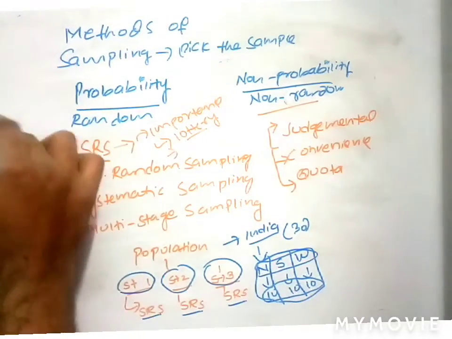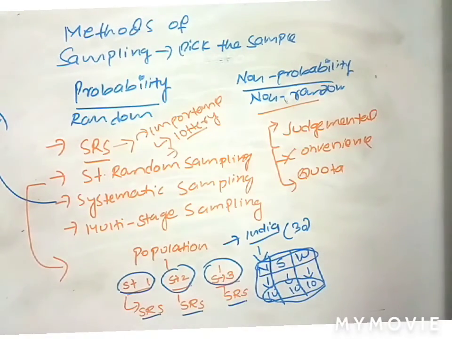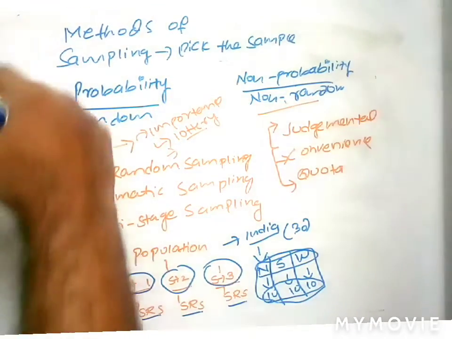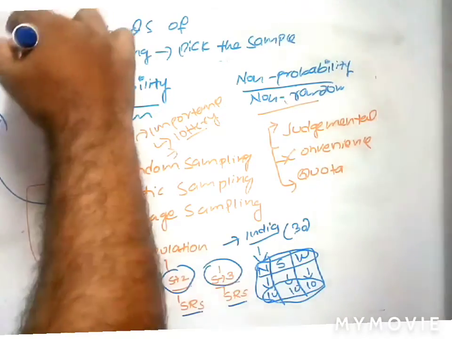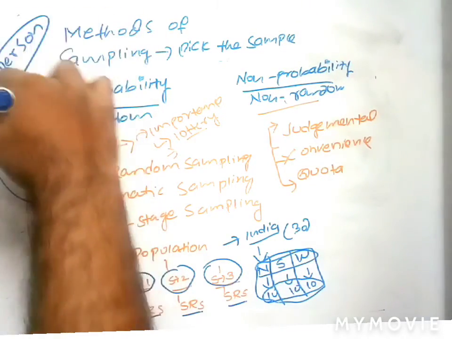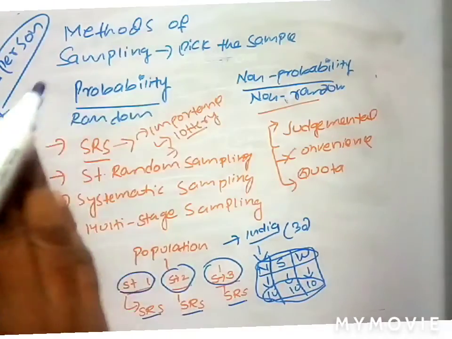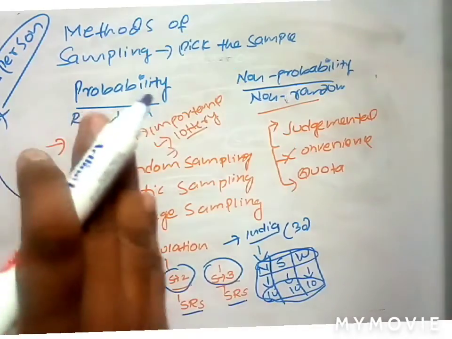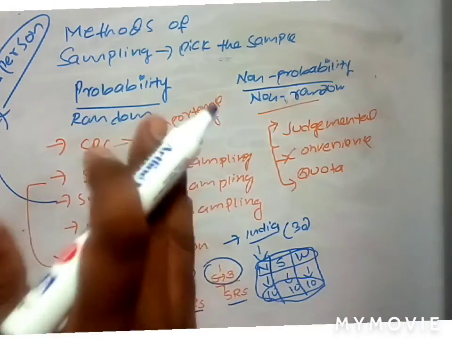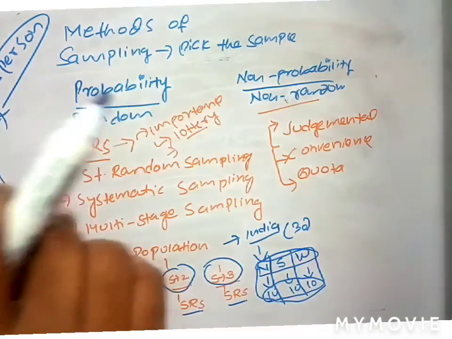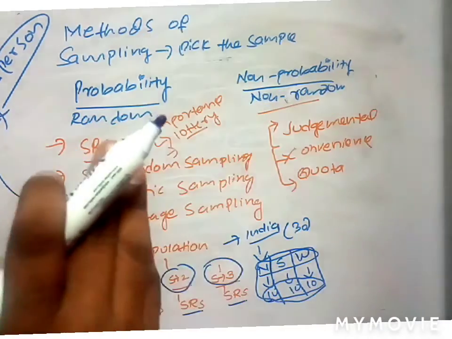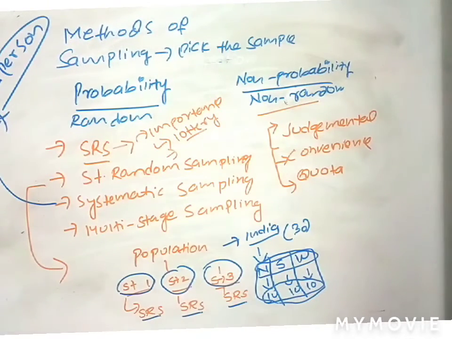Then what do you mean by systematic sampling? When I say systematic sampling, for example, in a classroom I need every second person. If students are sitting on a bench, I need the second person on every bench to be selected in my sampling. If I make a system like that, then it is called systematic sampling.